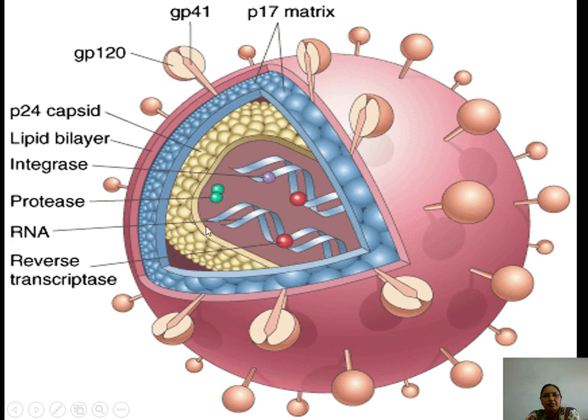Its capsid protein is the P24 antigen, then it is enveloped by the P17 matrix, and externally the outer envelope is formed predominantly by two types of glycoprotein, GP41 and GP120. For the initiation of infectivity, or entering into the cell, the responsible antigens are GP41 and GP120.